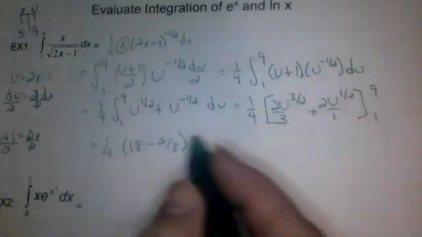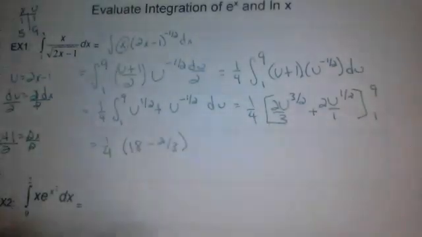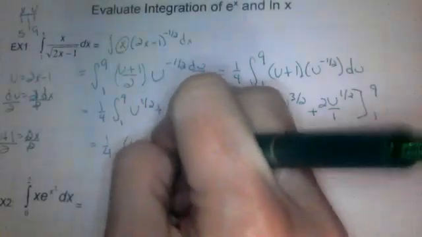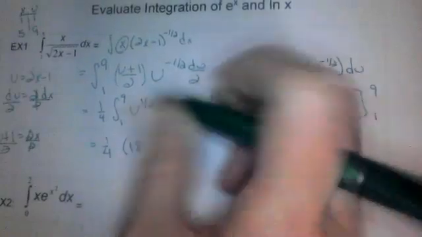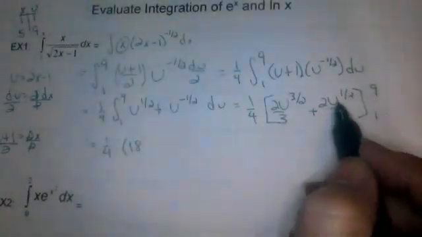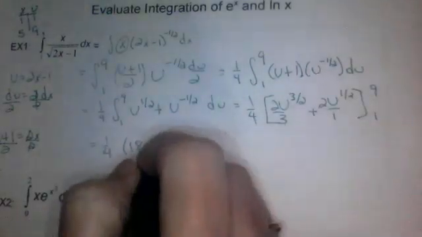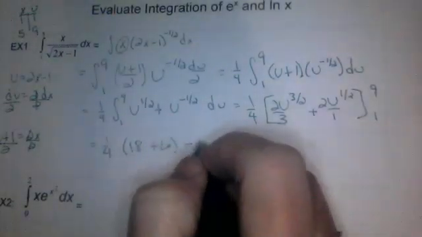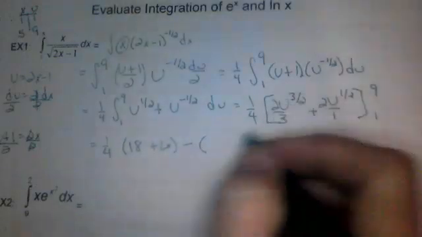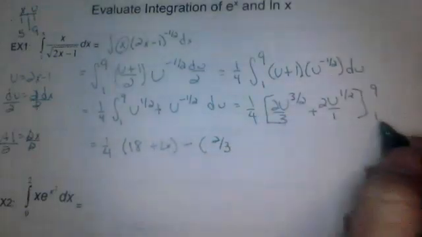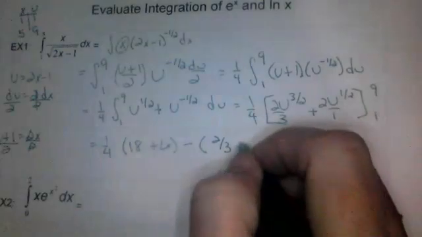Sorry, 18, not minus 2/3. The 2/3 comes in a minute. 18, and then I've got to plug the 9 in here. The square root of 9 would be 3 times 2 is 6. So plus 6, and then minus, now I plug in my 1. I have my 2/3, and then 1 in here would be plus 2.